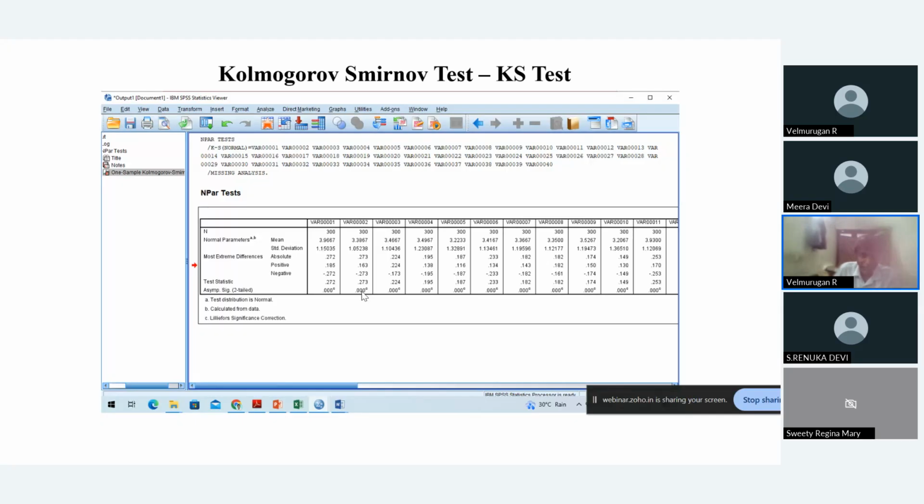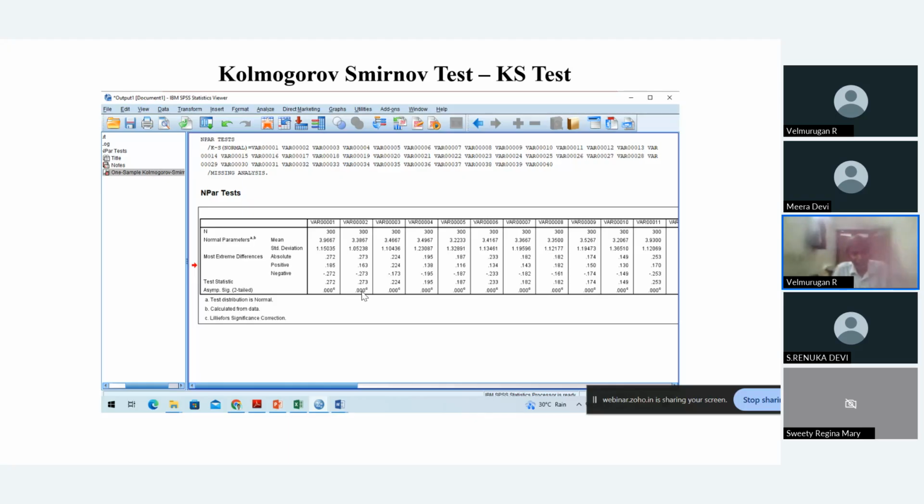For the service quality data set, as it is normally distributed, we employed parametric tests. The customer satisfaction data set is found not normally distributed, hence we employed the chi-square test. If you offer justification in this way, examiners will accept it.